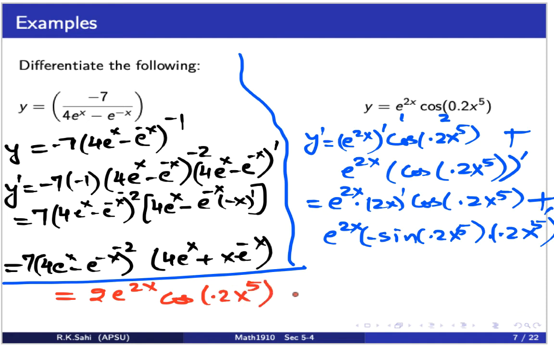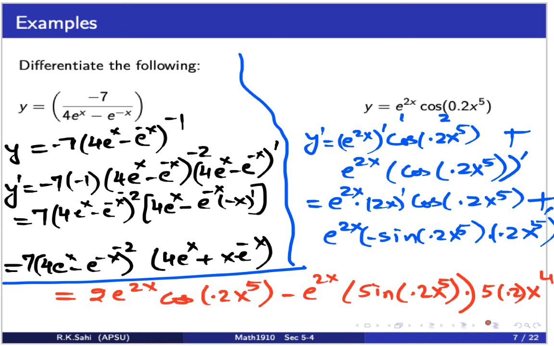Now this minus comes outside: minus e to the power 2x times sine of (0.2 x to the power 5) times 5 times 0.2, which is 1, x to the power 4.